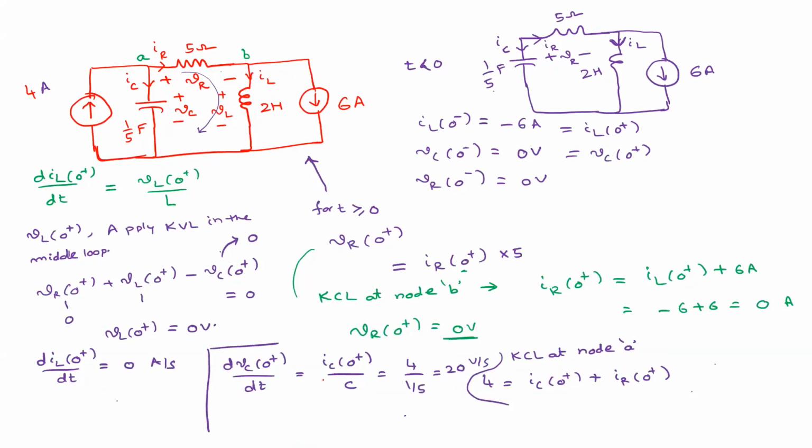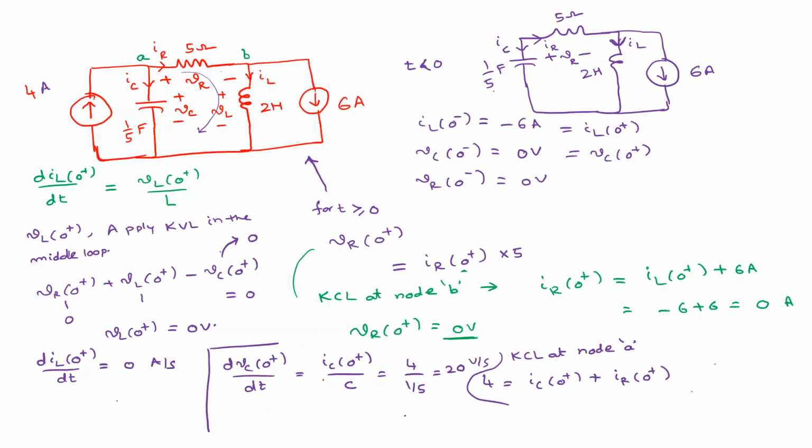So unlike the capacitor voltage or the capacitor current, there is no direct relation, right? So here the simple technique is, if you have inductor current derivative, we use this expression. If it is a capacitor voltage derivative, we use this expression, right? But for the resistor, we have no such expression.